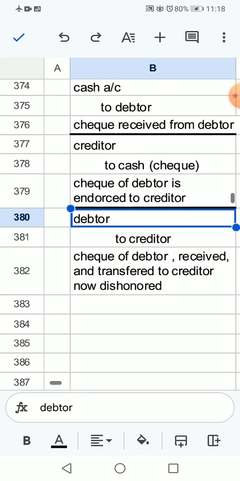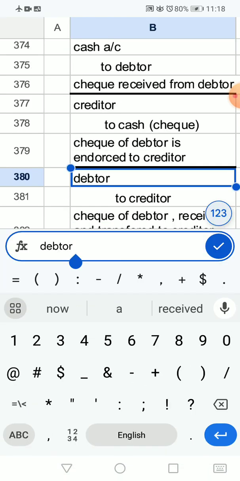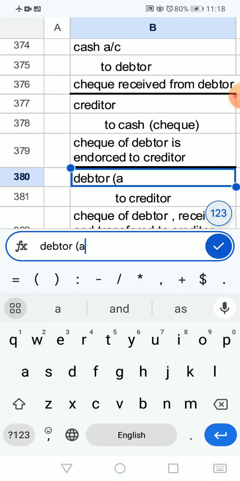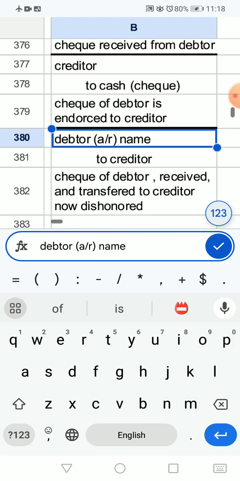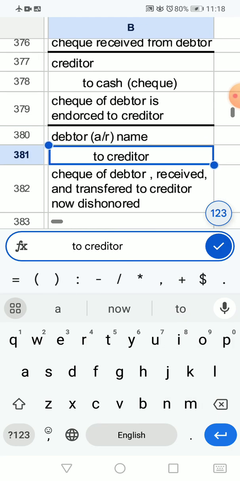Whatever the name is, you may write account receivable or you may write the name of your account receivable, and in the similar way you may write creditor over here, or you can write account payable, or you may write the name of that creditor.